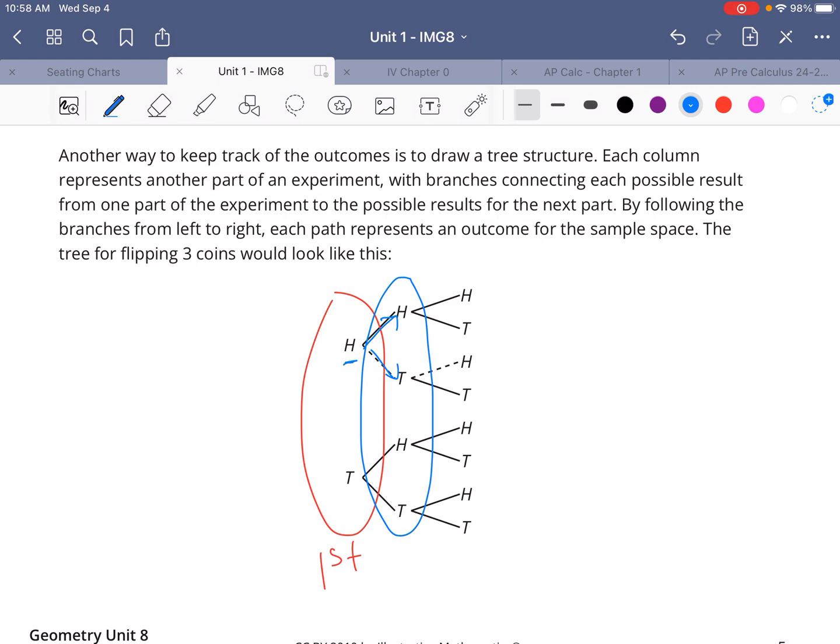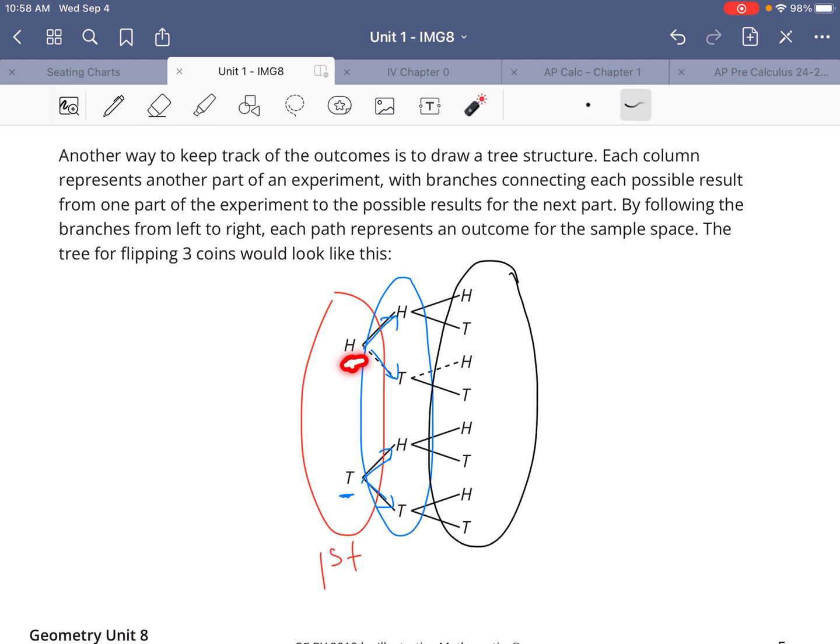Or if we got tails on the first flip, we could have also gotten heads or tails for our second flip. And then our third flip, well, if we flipped heads first and then heads again, the third coin could also be heads or tails.